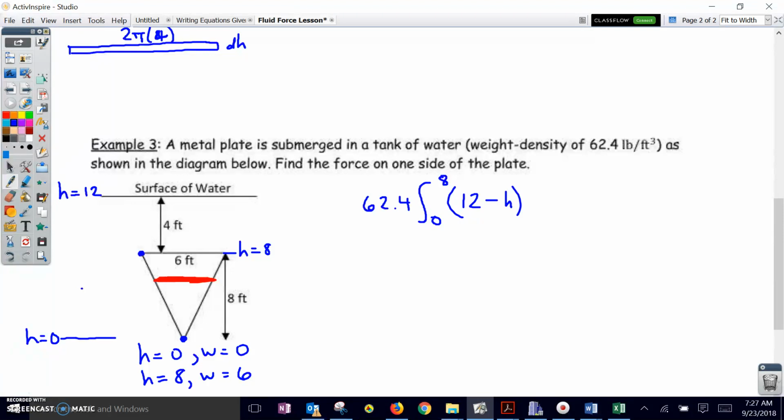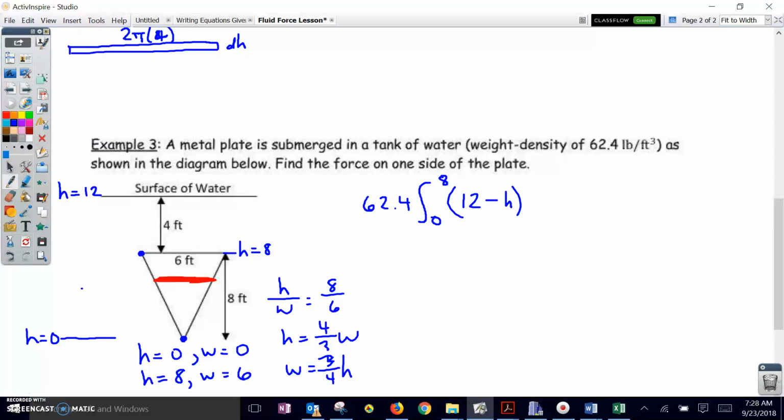So let's see, we've got h is to w as 8 is to 6. And if we solve this, h is 4/3 w, so w is equal to 3/4 the height.